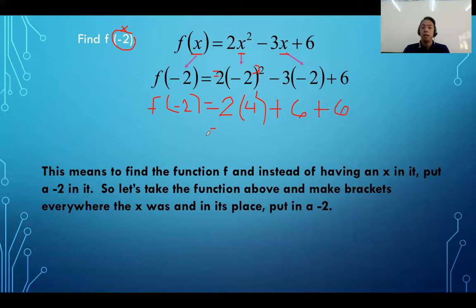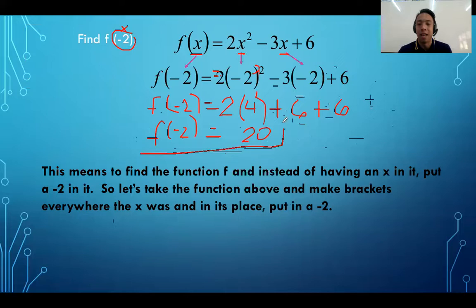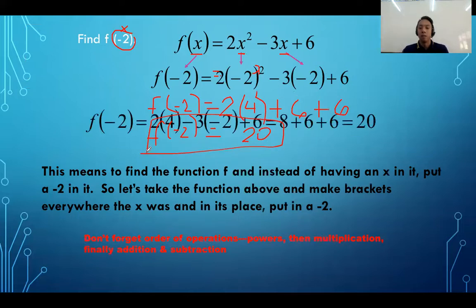And then 4 times 2 is 8. 8 plus 12 is 20. Therefore, f of negative 2 is equivalent to 20. Ayan. So, 20 ang ating sagot. Okay, so we are correct. 20.